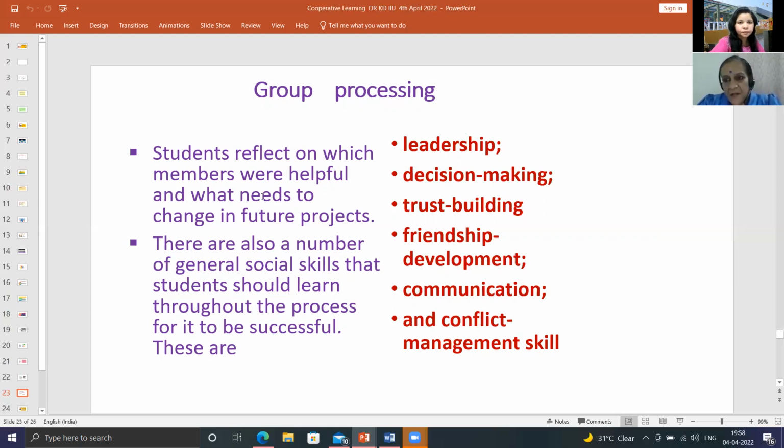Then friendship development, definitely when they are interacting without racial differences, gender differences, age differences, economic, social, or financial backgrounds. Irrespective of any differences, they collectively acquire the concept and learn the knowledge. So, friendship development is also an important part.